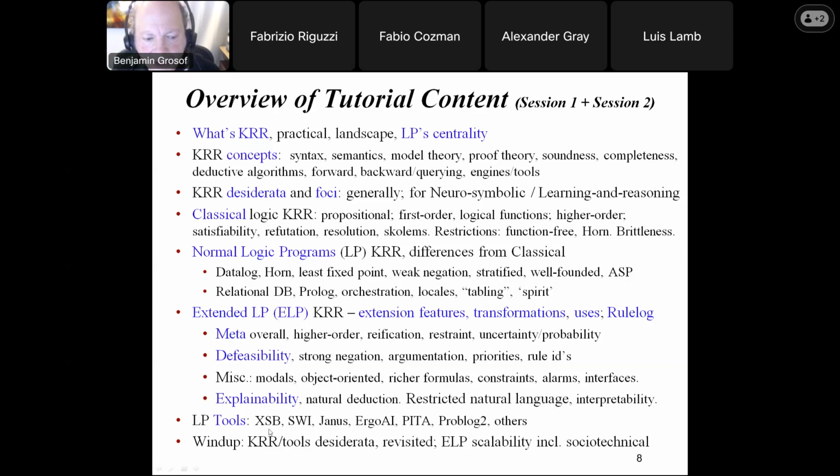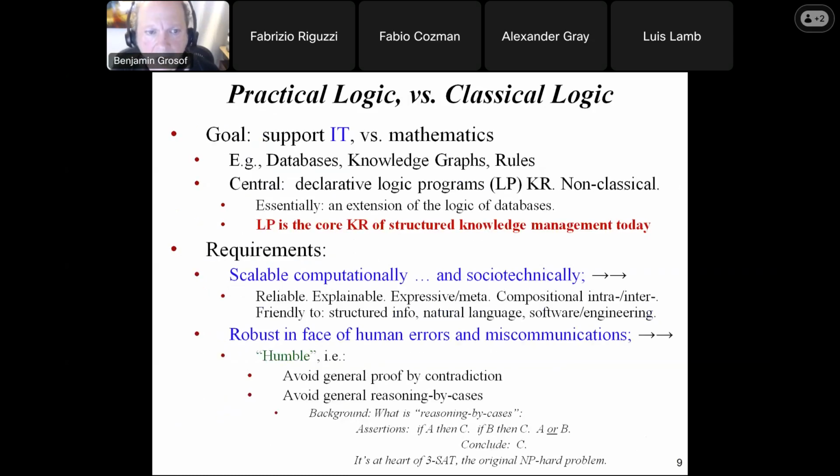We'll discuss along the way a number of different tools that are state-of-the-art and open source, and wind up with revisiting a bit some desiderata around the scalability and other socio-technical characteristics of ELP, which are really significant differences and advantages compared to classical logic.